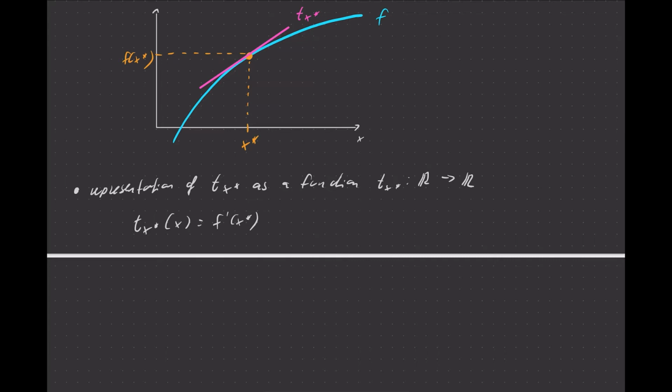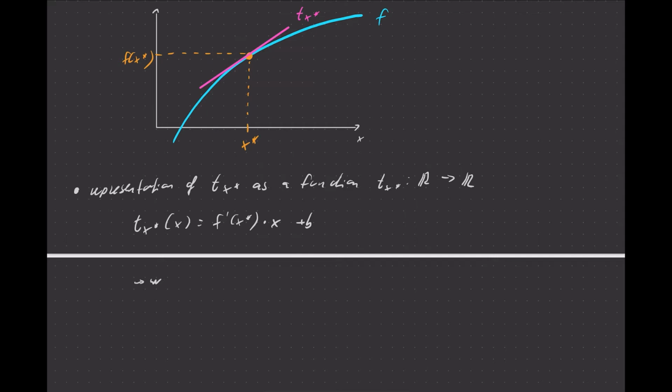So usually an affine linear function, as we want one, the tangent is an affine linear function, of course, that has the form slope times x plus some constant. So we have something of the form f prime of x star times x plus a constant b. And how can we find out that constant b? Well, of course, we just have to use a point, and we know one point on the graph and on the tangent, that is this one here. So we do know the point x star and f of x star.